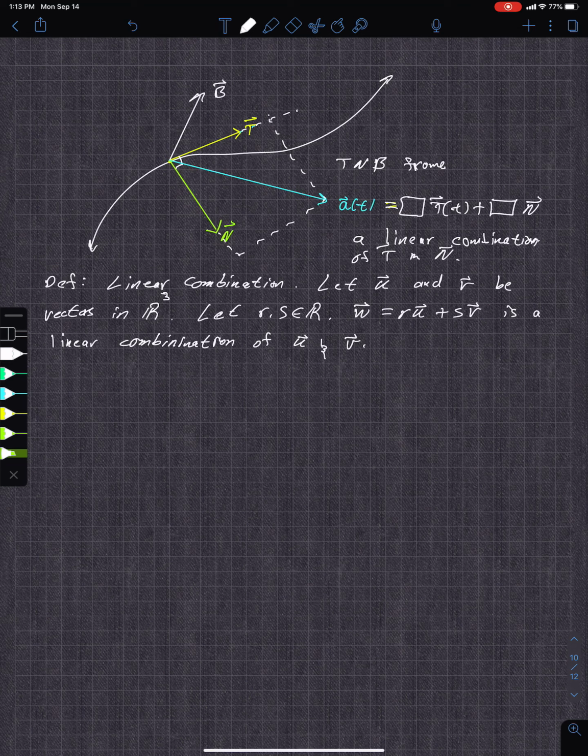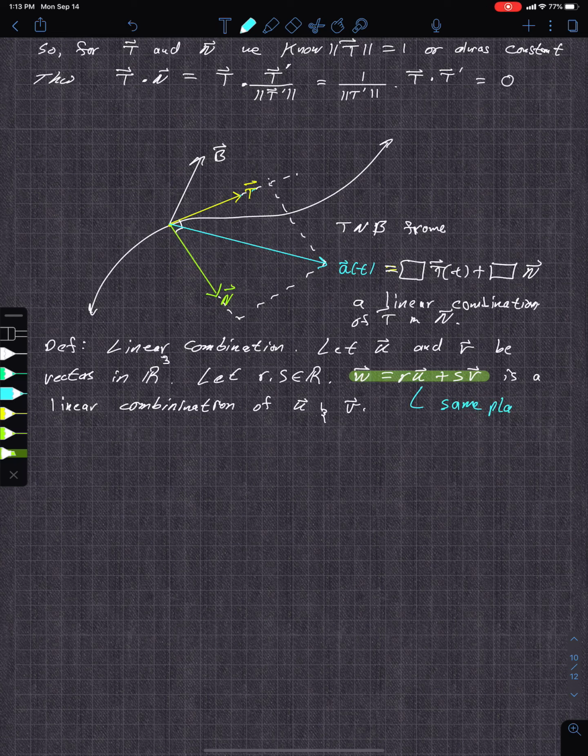Notice that if you can write a vector like that, that implies the same plane for U and V. Here's your U and here's your V, and your W is a linear combination of those.